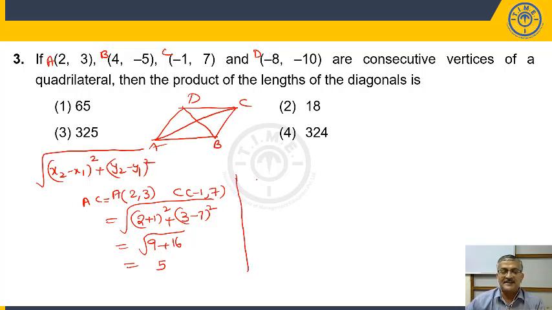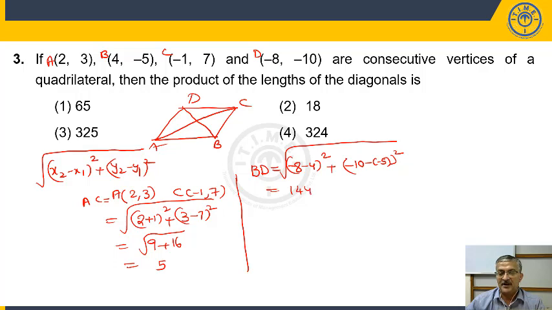Now we want to calculate the second diagonal. BD diagonal kuda calculate cheyalli. Again the same formula directly written here. Minus 8 minus 4 whole square plus minus 10 minus of minus 5 whole square. So minus 8 minus 4, that is minus 12 whole square is 144. Minus of minus is plus.